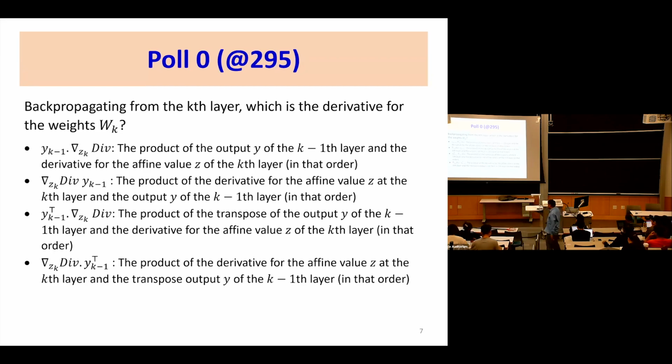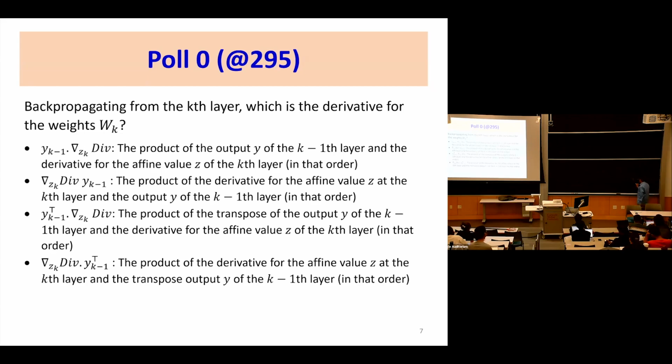Yeah, so the way we defined it, we said at any layer, you had the previous yk minus 1, which influenced zk, which influenced the divergence.